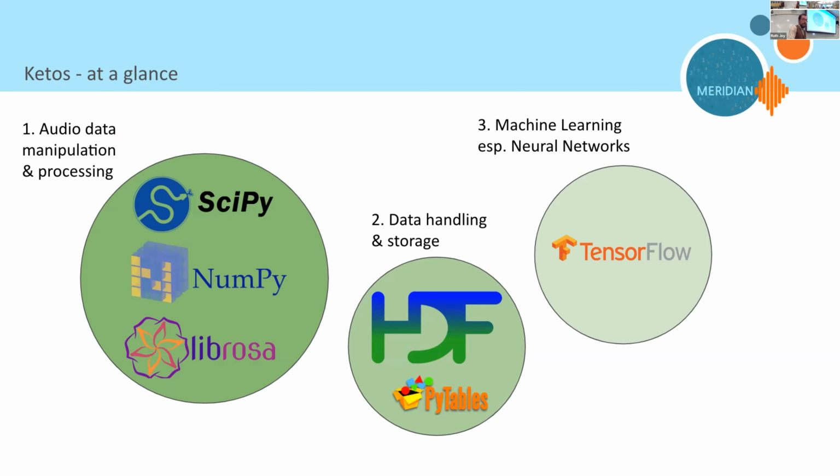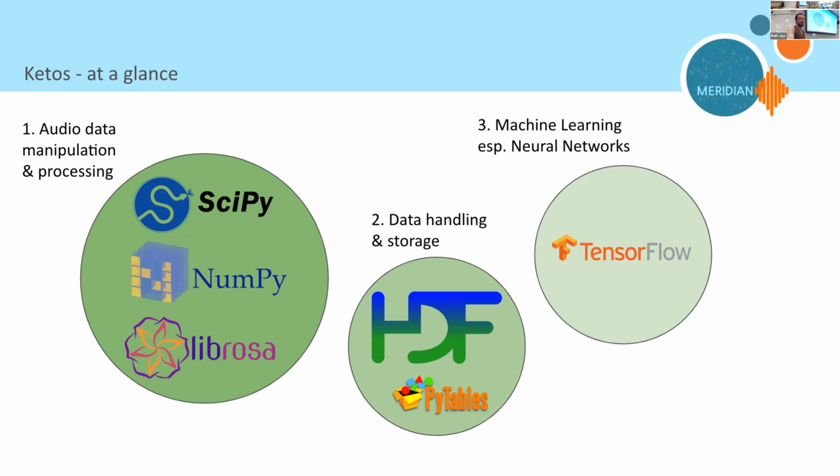So at a glance, Catus is built on top of many great other open source projects, including SciPy, NumPy, and Librosa that we use a lot for the data processing, the creation of the spectrograms, for example. We use HDF5 as a database structure.